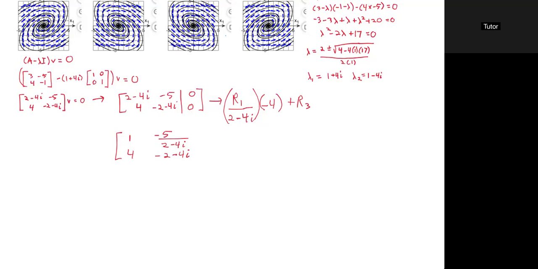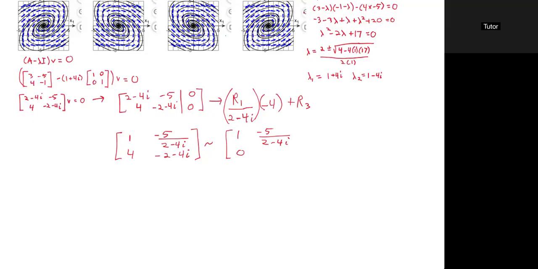Now multiplying row 1 by -4 and adding it to row 3 gives us 1, -5 over 2 minus 4i, 0.